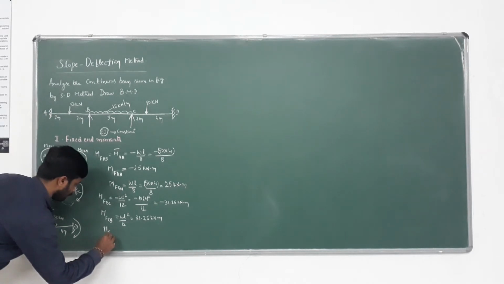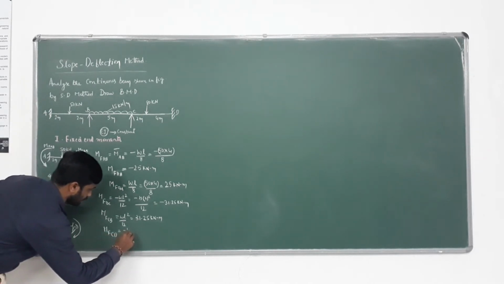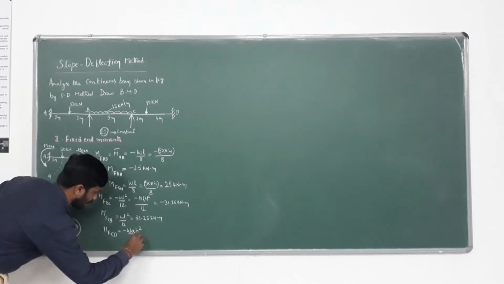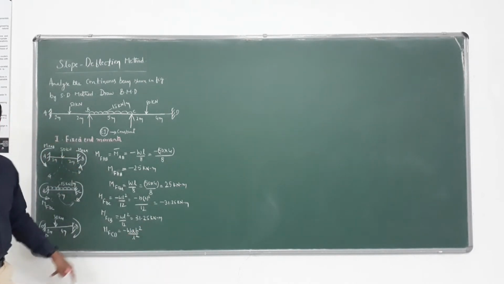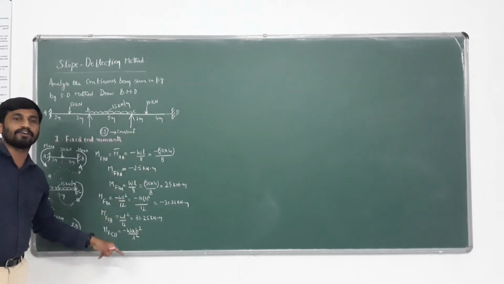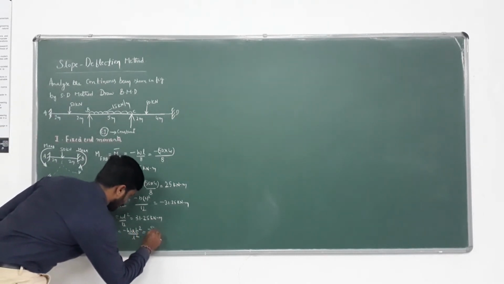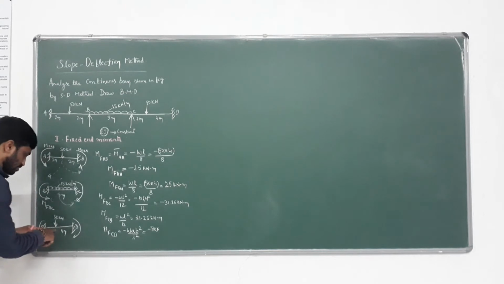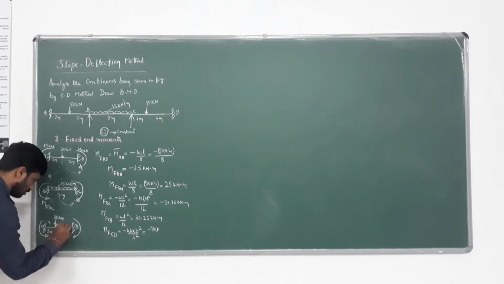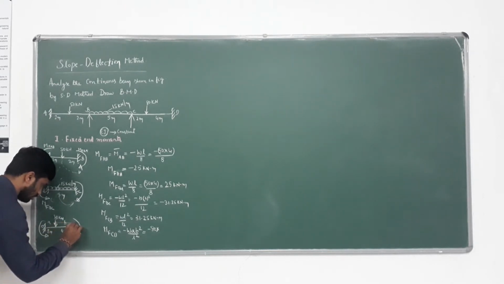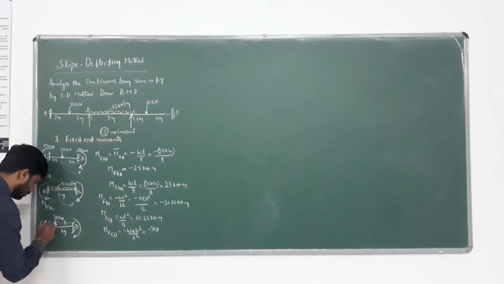Therefore, MFCD equals minus WAB square by L square. This is the equation you have to remember. These are all fixed end moments. So minus W, minus 80 into A. A is distance 2 and B is distance 4.